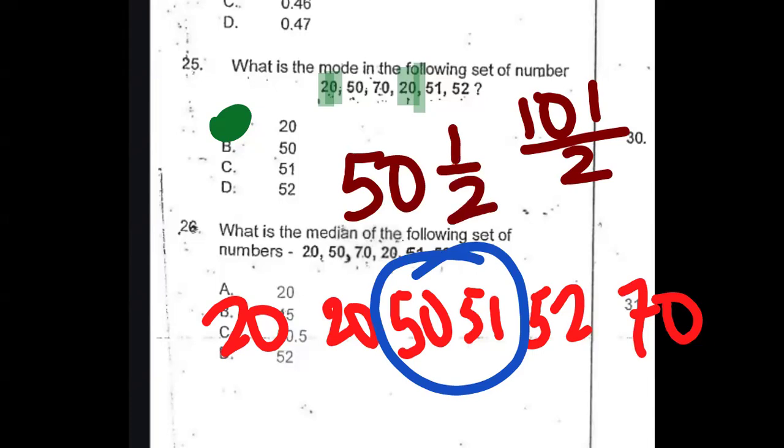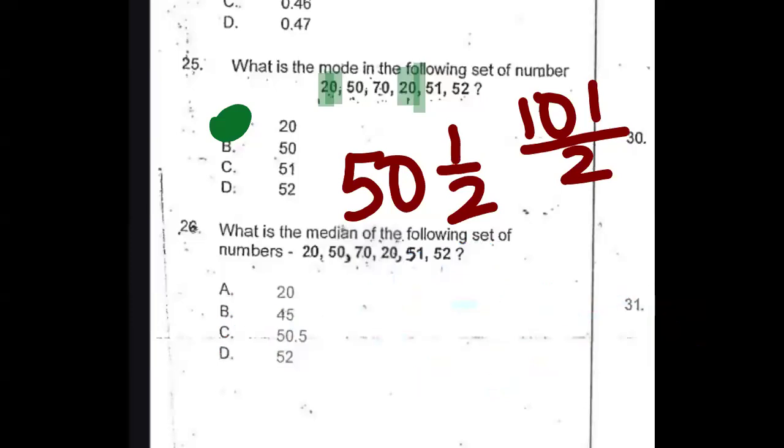So our answer is looking a lot like C. So our answer is going to be C. So that's what that looks like. All right, we're going to move on to the next page after the number 26.